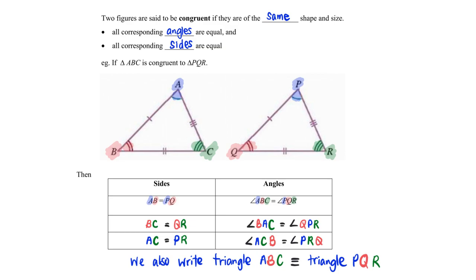This means that this is wrong when I write triangle ABC is congruent to triangle BAC.